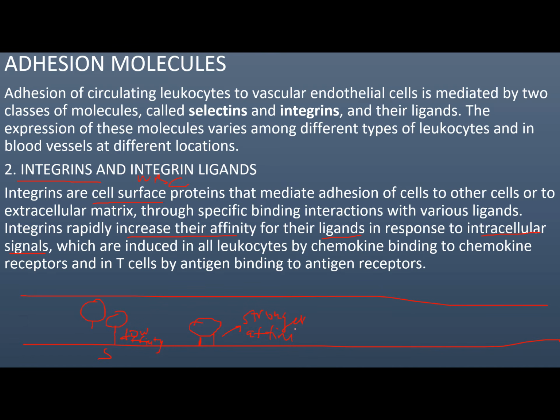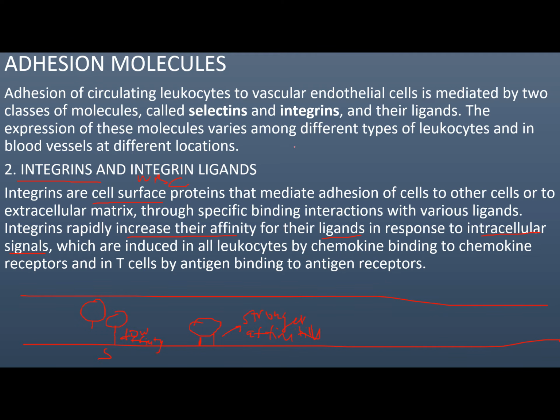Let me repeat, class. Earlier, your selectins are responsible for low affinity. They would have a single attachment to their corresponding target cell. And when that happens, the integrins will form another attachment to the corresponding target on the endothelium, forming a stronger affinity, class. So that's the explanation.